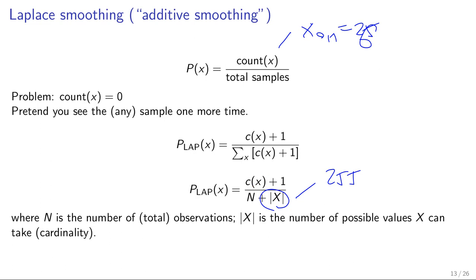So you basically artificially blow up the data set, and by doing that, you smooth it, because it cannot happen anymore that there will be zeros. Yeah, and it's the number of total observations, right?